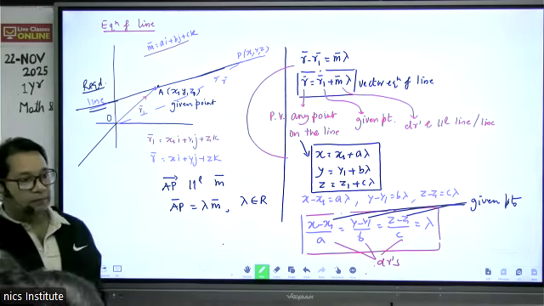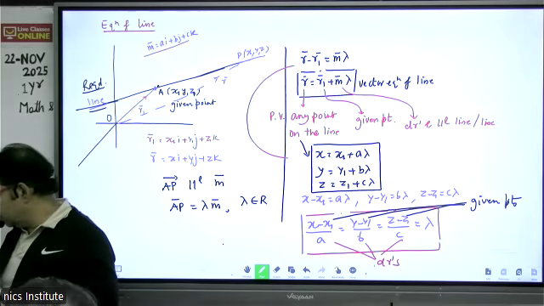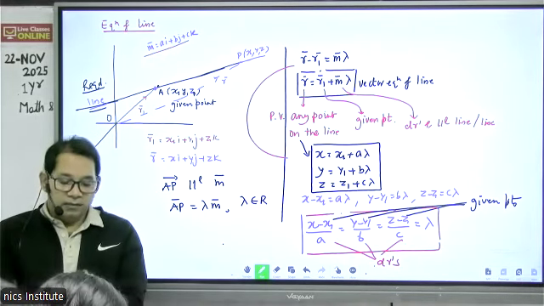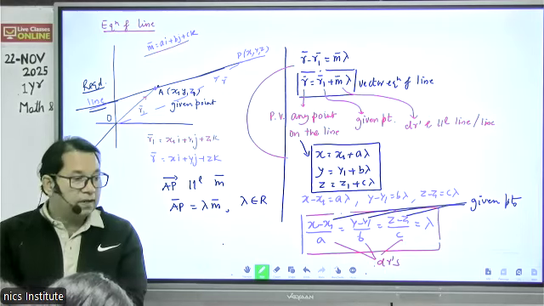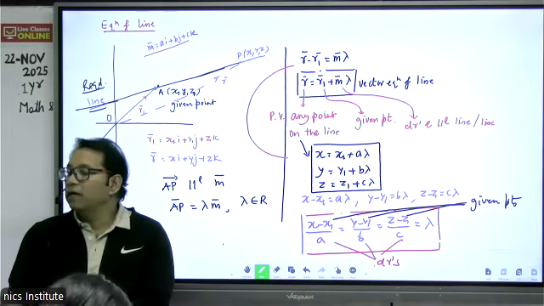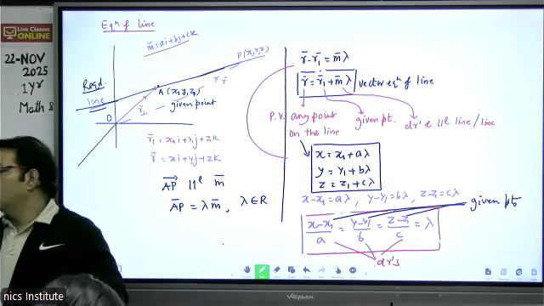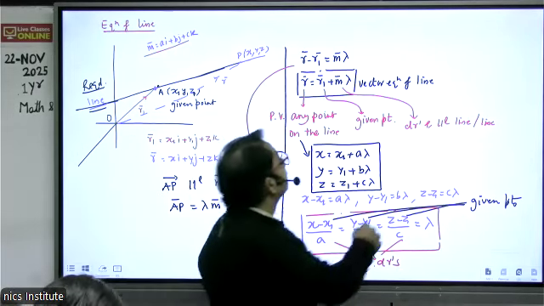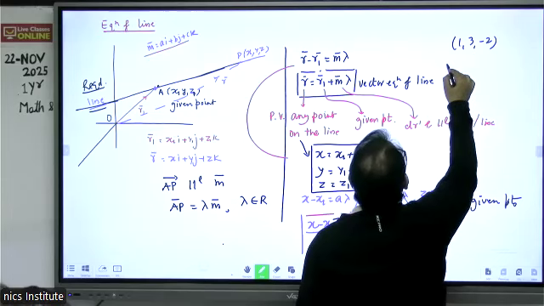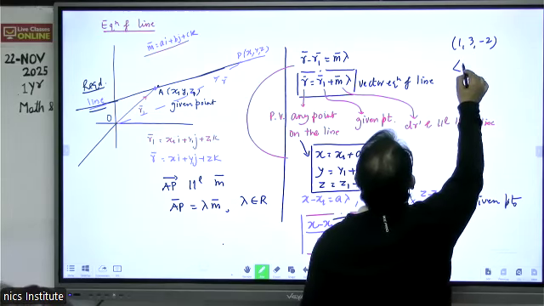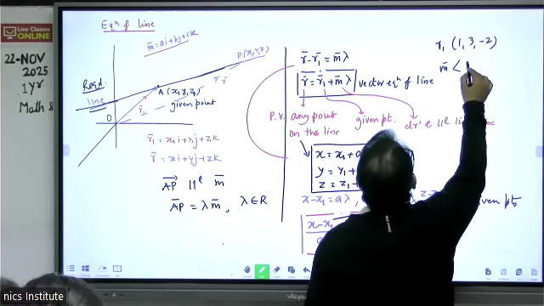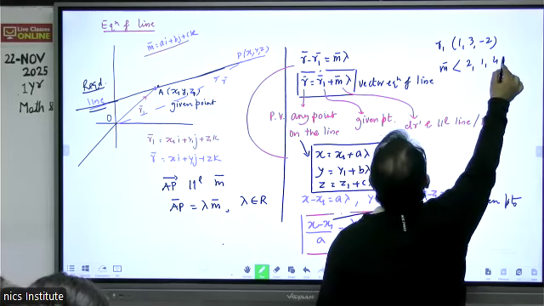Write a question. Find the Cartesian and vector equation of a line which passes through the point (1, 3, minus 2) and is parallel to a vector whose DRs are 2, 1, 4.